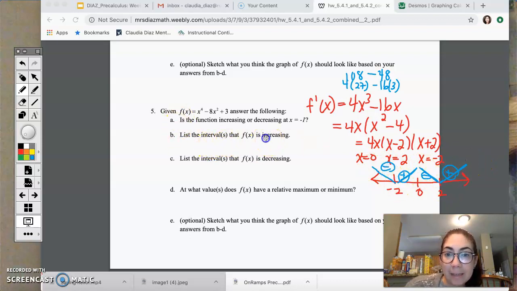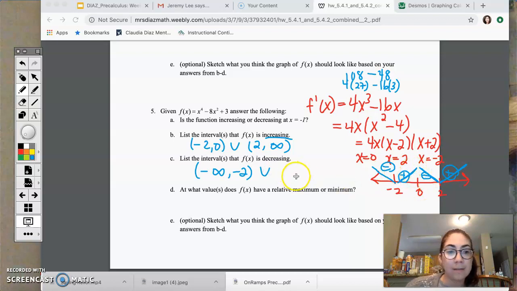So where is it increasing? Increasing from negative 2 to 0, union, again increasing to infinity. Where is it decreasing? Negative infinity to negative 2, union 0 to 2. And then again, you can tell where the minimum is.